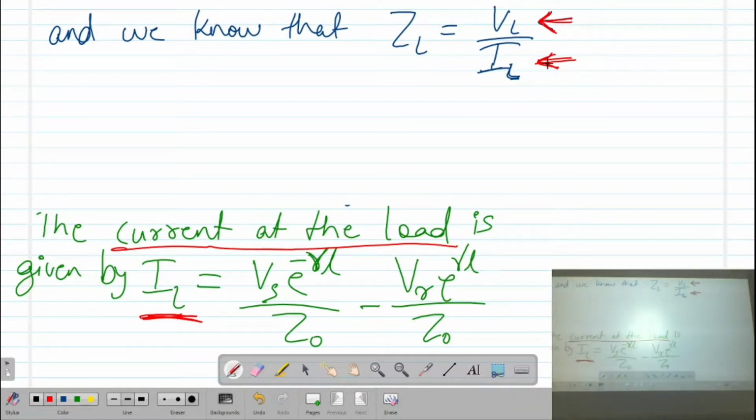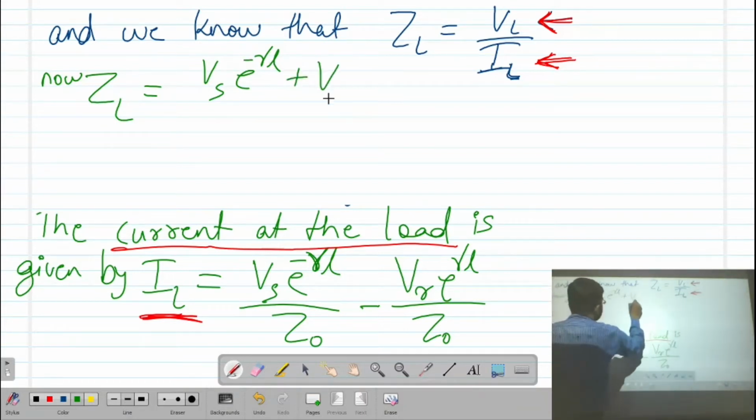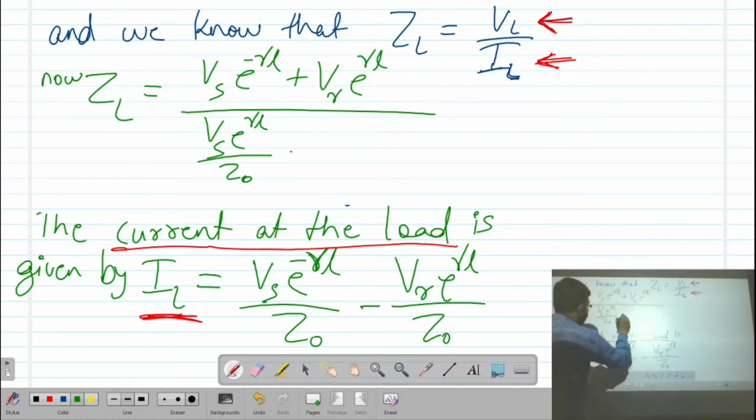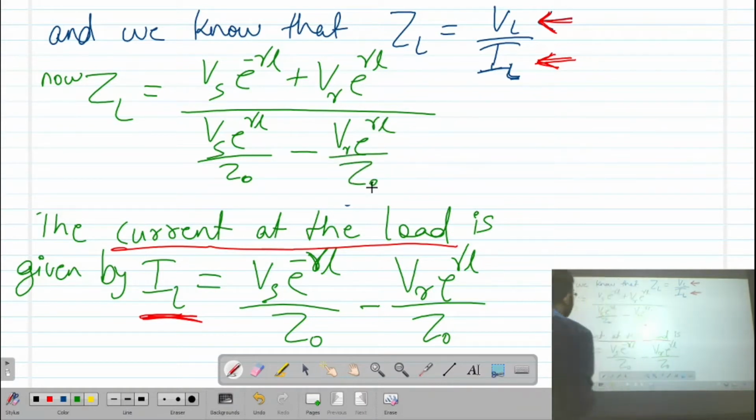Then we will get ZL equal to Vs e raised to gamma L plus Vr e raised to gamma L divided by Vs e raised to gamma L divided by Z0 minus Vr e raised to gamma L divided by Z0. Right?